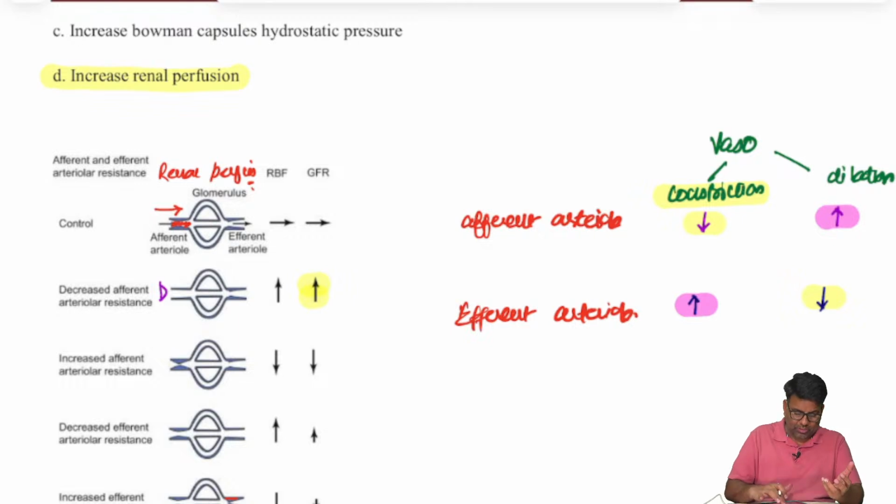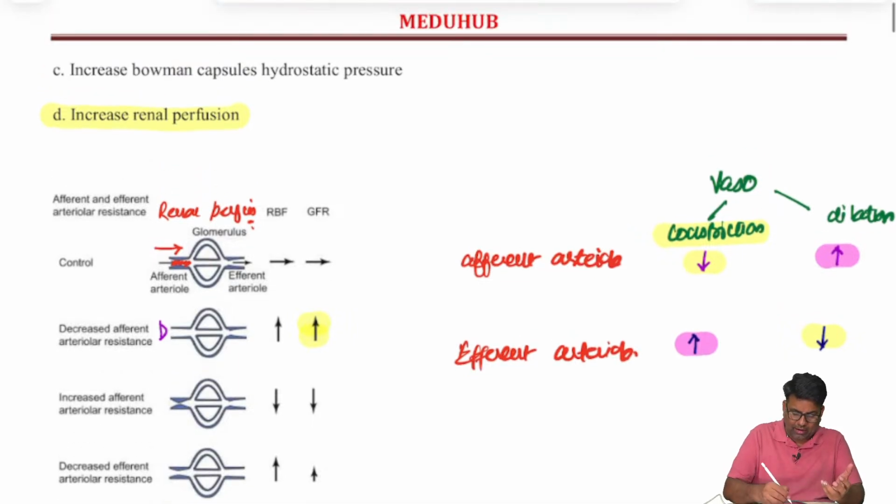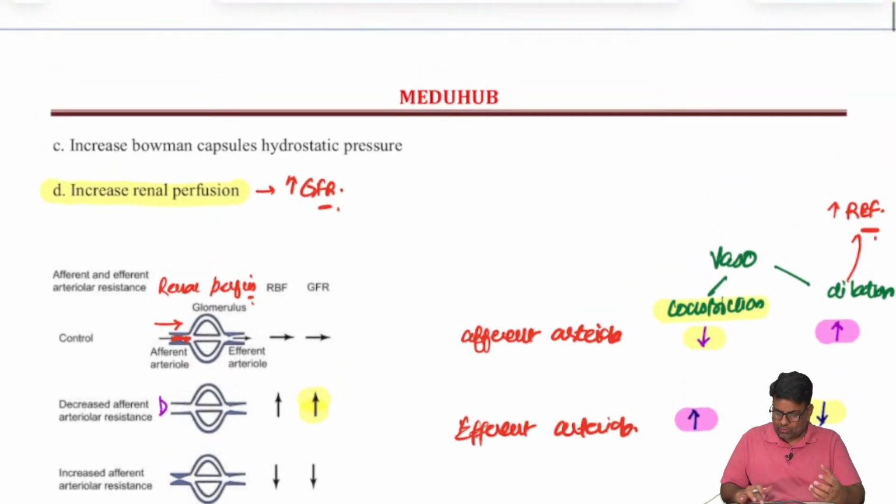Okay, so this you should remember. And if the efferent arteriole is dilated, this will increase renal blood flow, what you call renal perfusion, right? So this is going to increase GFR, right? So please remember this thing.